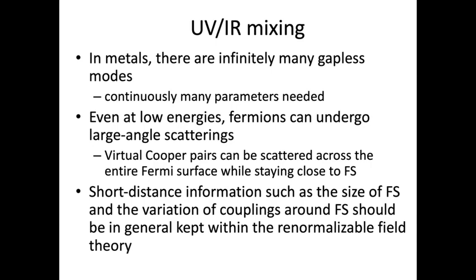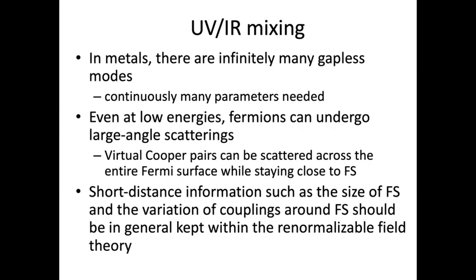and you may wonder whether one has to include all that information. And in general, the answer is yes, because even at low energies, fermions can undergo large angle scatterings, right? Even in the normal state, if there are strong superconducting fluctuations, Cooper pairs at k and minus k can be scattered across the entire Fermi surface while staying close to the Fermi surface.